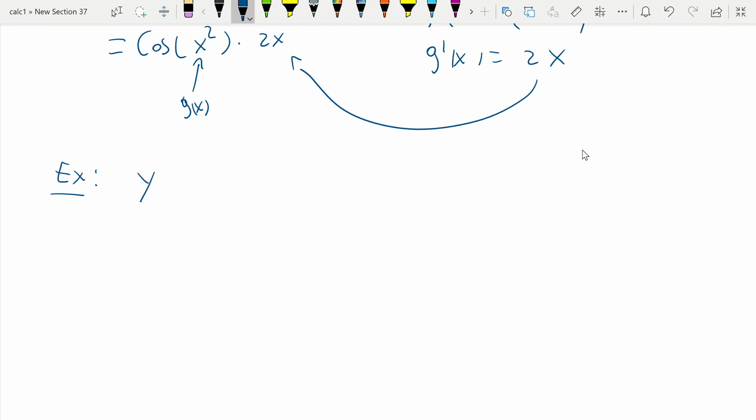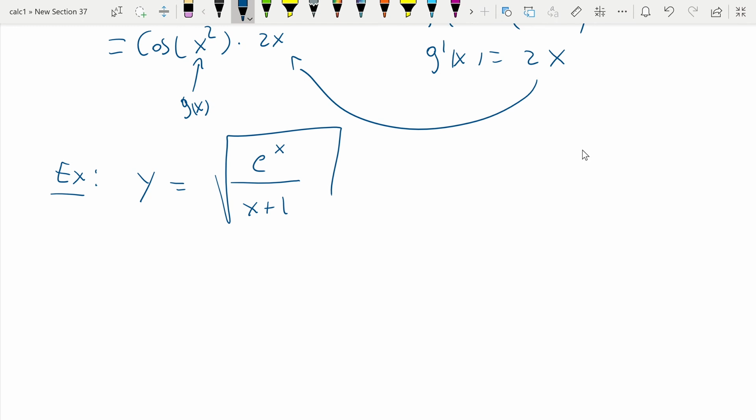Alright, so what about the next example? The square root of e to the x divided by x plus 1. Now this is again a composite function.